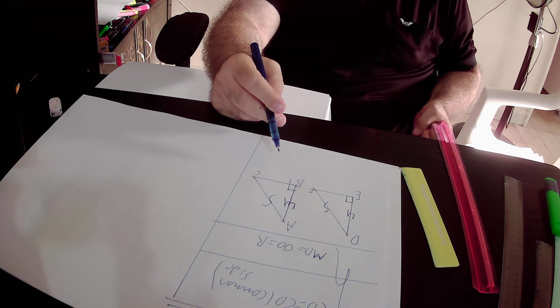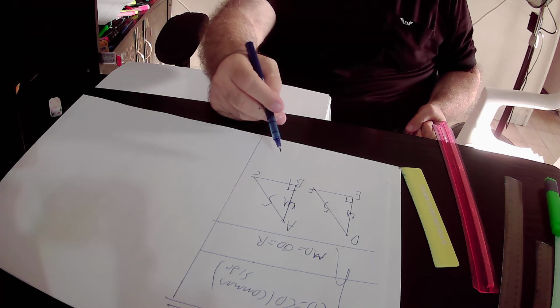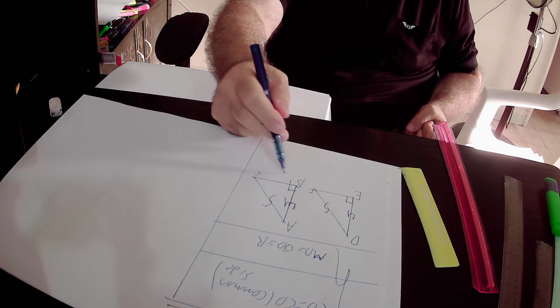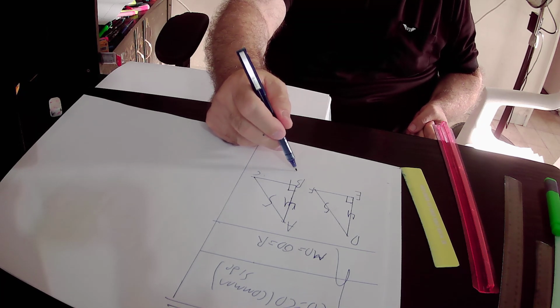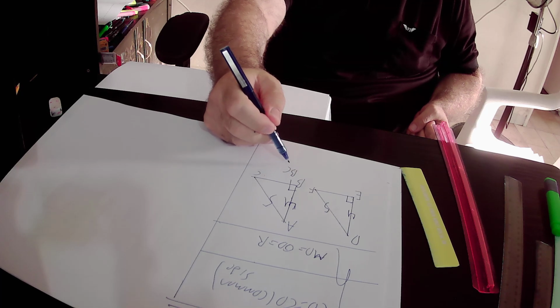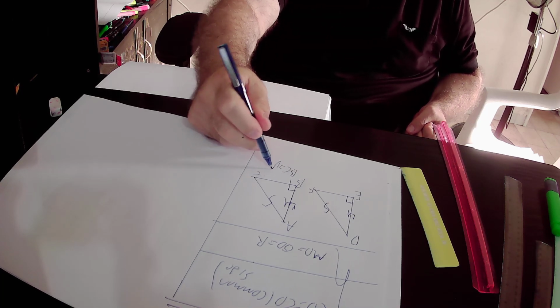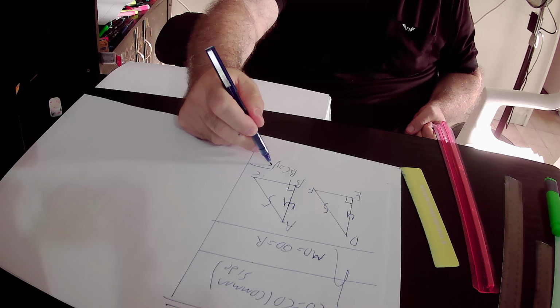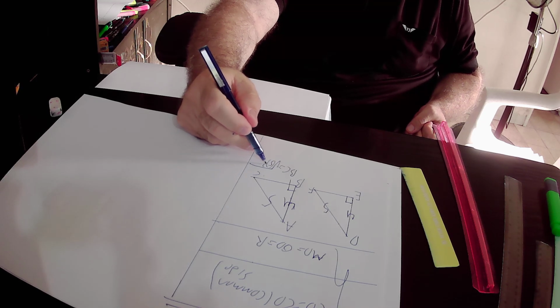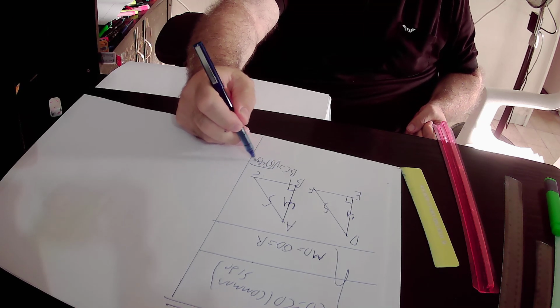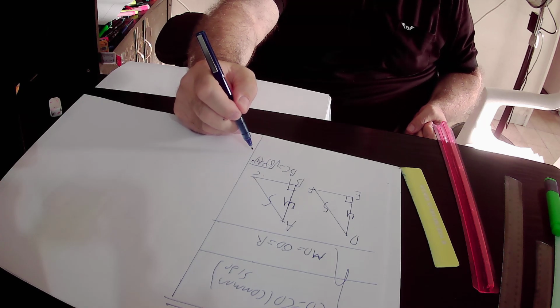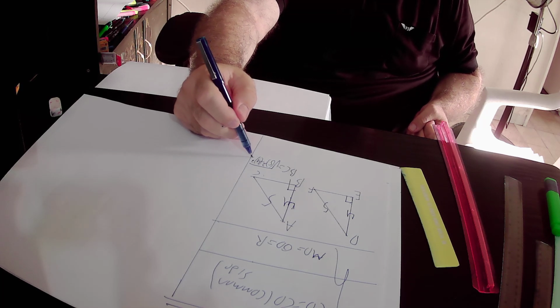Because according to the Pythagoras theorem, BC will be equal to the square root of 5 squared minus 4 squared. 5 squared is 25, 4 squared is 16. 25 minus 16 is 9, and the square root of 9 is 3.